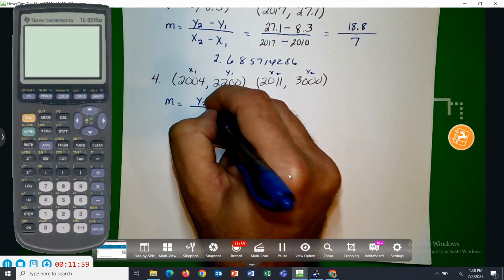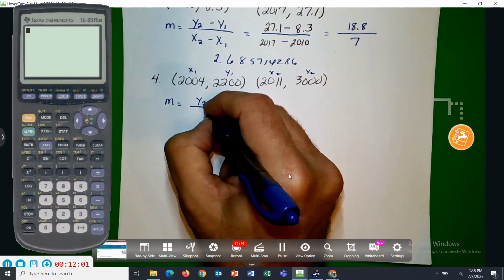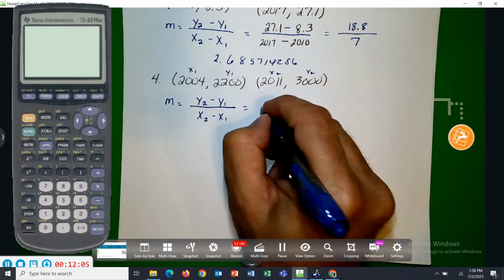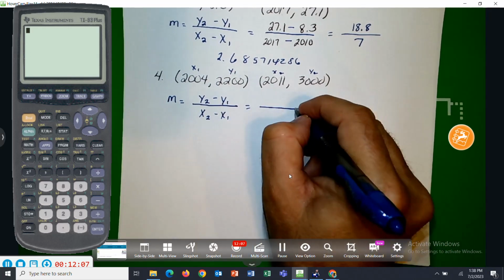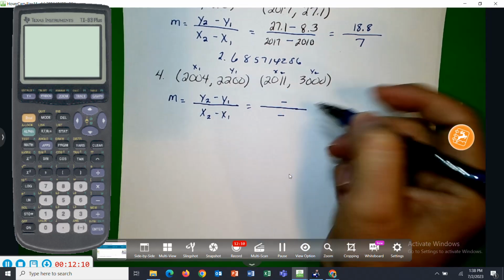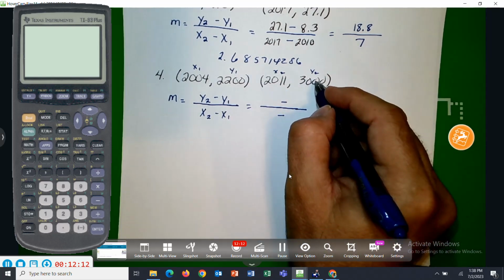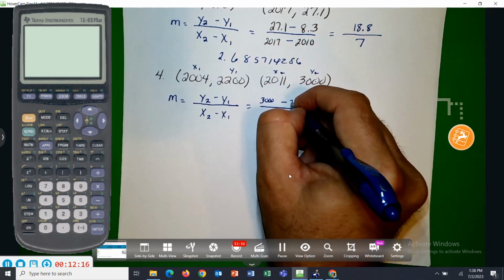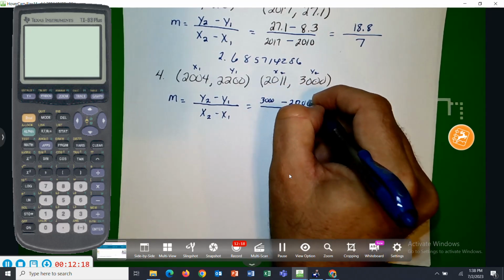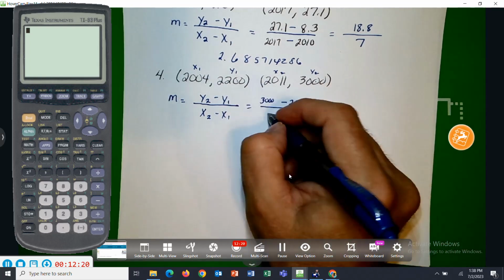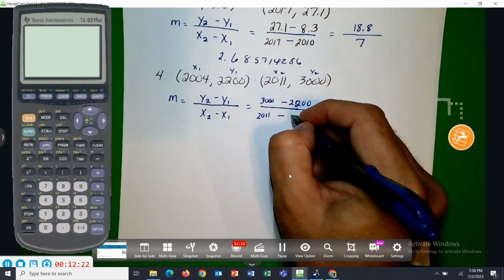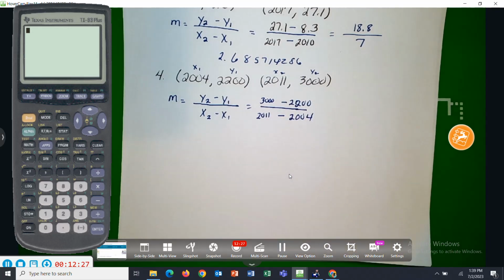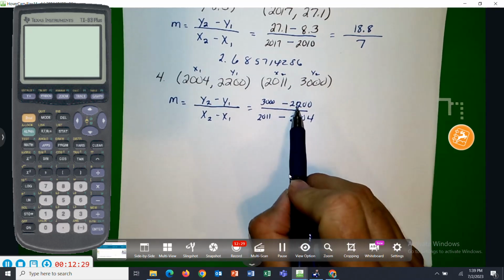It's second y minus first y, that's getting you the rise. Second x minus first x gets you the run. So y2 minus y1, 3,000 minus 2,200, over 2011 minus 2004.